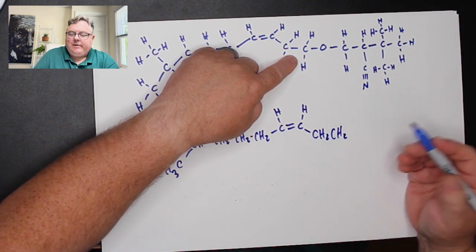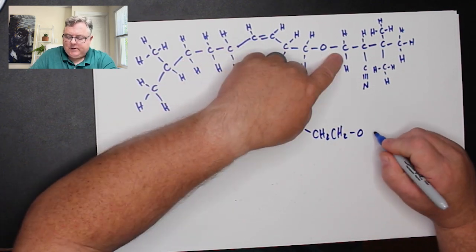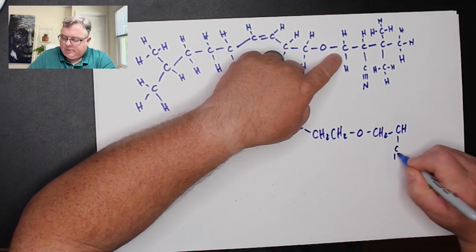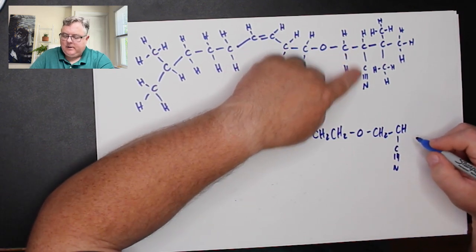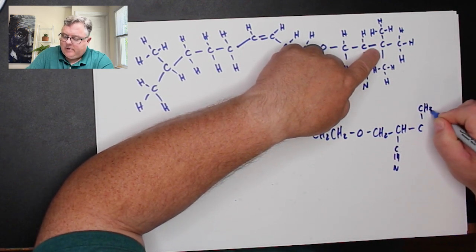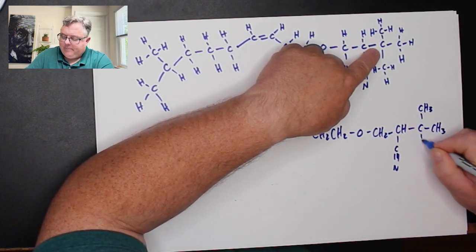You can draw a line there or not. Oxygen, CH2, CH, C triple bond N. Then I have a carbon with 3 CH3s on it.